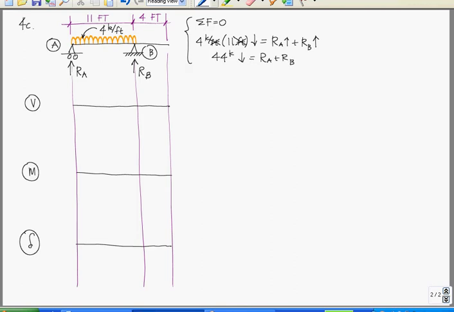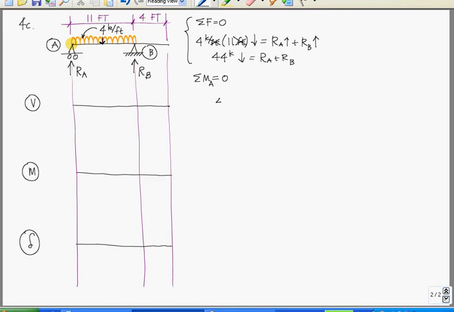Now the second equation we need to solve the problem is the sum of moments equals 0. So first let's consider where we want to sum moments about. It's usually convenient to pick one end of the beam. So let's pick point A. Sum of moments about point A equals 0. So if you look at the distributed load, we have 4 kips per foot times 11 feet equals 44 kips. And the resultant of that is going to be right here in the middle of the beam. In other words, half of 11 feet.